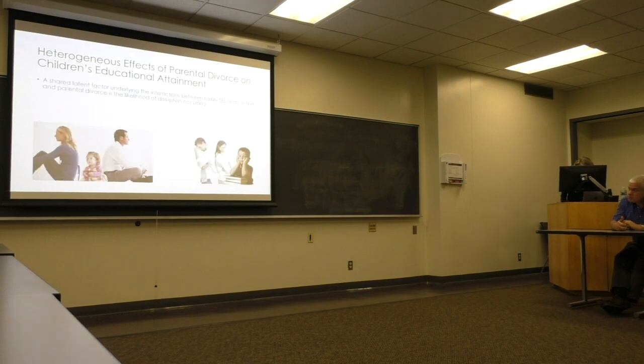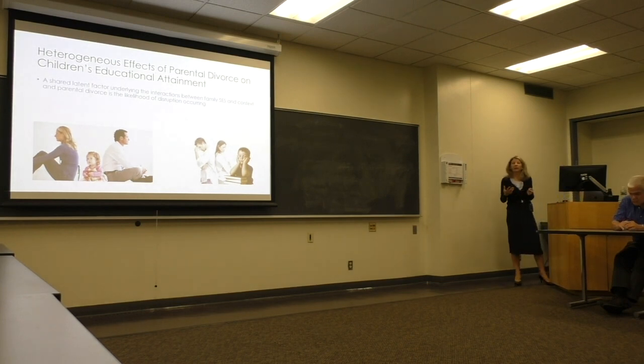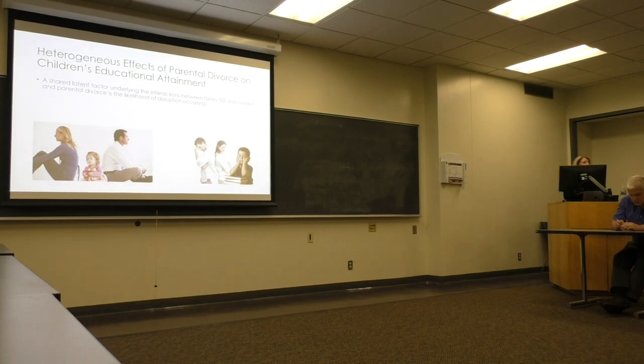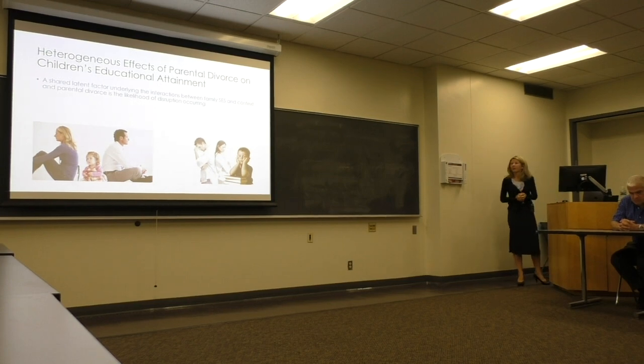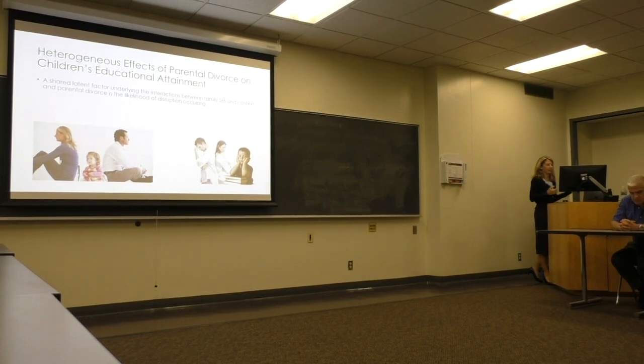So what we suggest is that a shared latent factor underlying those interactions between family socioeconomic status and well-being and parental divorce is the likelihood that disruption occurs. Some of the explanation I was giving for those patterns was dictated by this idea that they have in common the likelihood that the disruption occurs.